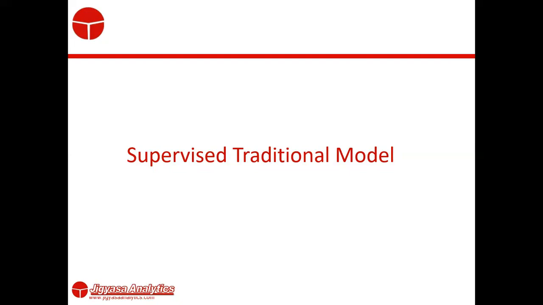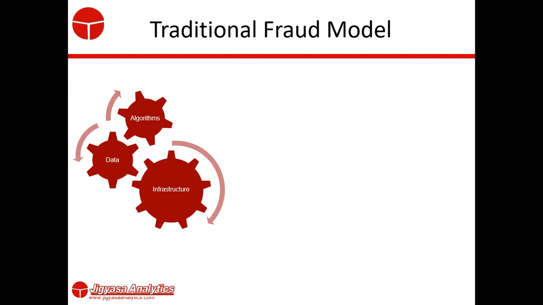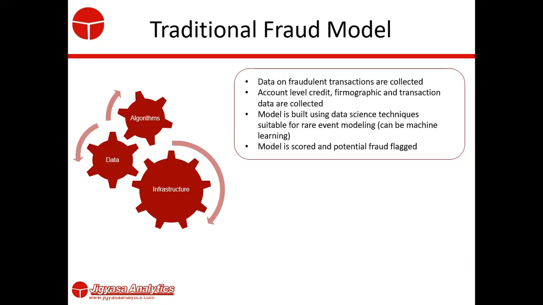So supervised traditional models, there is the algorithm, there is the data, and then there is the infrastructure. Infrastructure is also very important because you need to know what to implement and how to implement. Data on fraudulent transactions are collected.